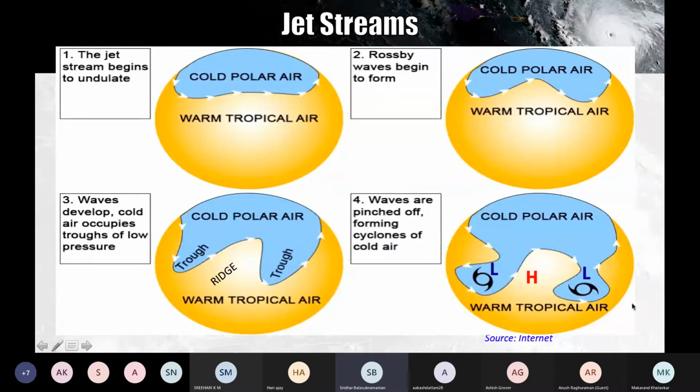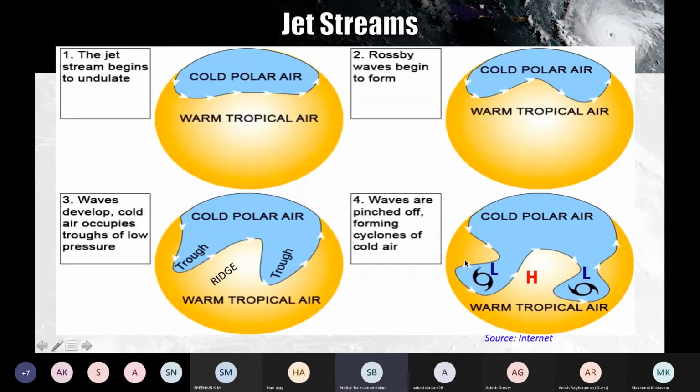Once this polar vortex has passed, then for, let's say, a week or 10 days, there is going to be a high pressure, which is usually associated with clear and warm weather, and no inclement rainfall or snowfall conditions.